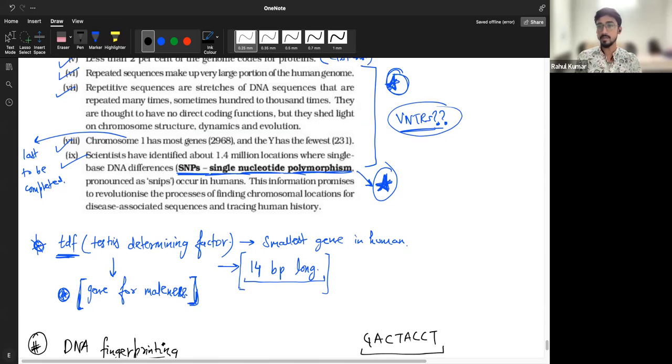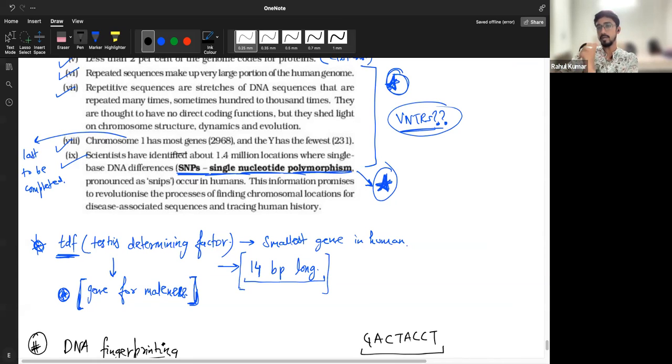So there is no consequence that will go down. So these single base pair changes are called SNPs. In a human genome, there are about 1.4 million locations where single base DNA differences are present between humans. So that's called single nucleotide polymorphism.